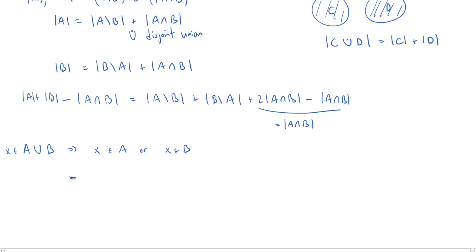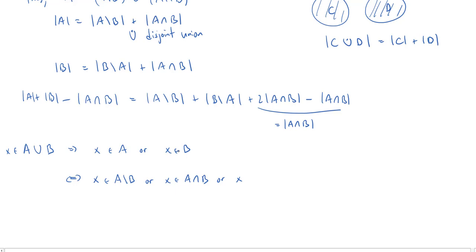Okay, so this is equivalent to saying that it could be in A but not in B. Or it could be in A and in B, in which case it would be in the intersection. Or, if we know it's in B, and if it's also in A, well, then it's already in the intersection.